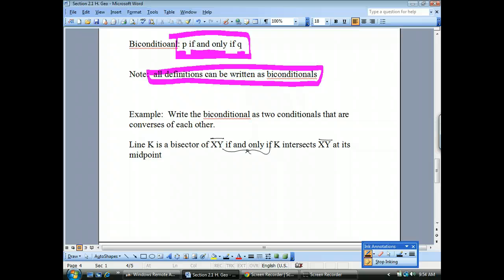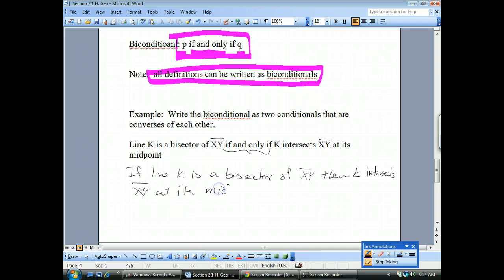So to write this as a conditional: if line K is a bisector of segment XY, then K intersects segment XY at its midpoint. Okay, so that would be the conditional.